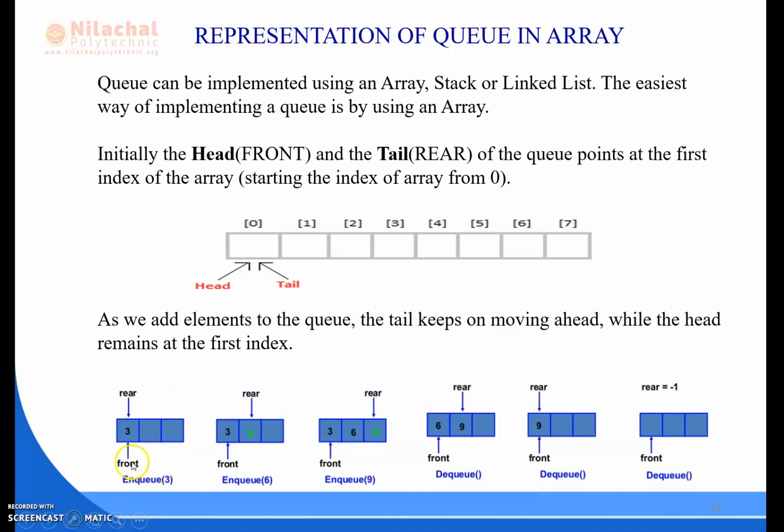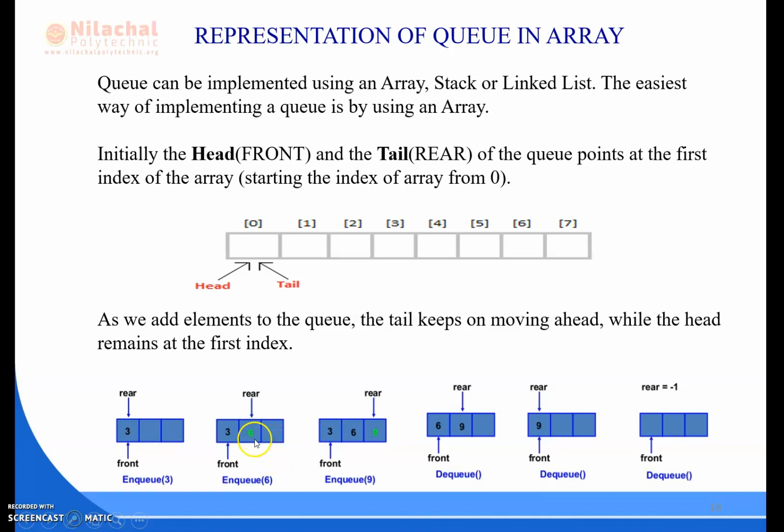For example, we represent an array as a queue. In an empty queue, we enqueue 3. So 3 is the first element. When the first element has been entered, the rear and front are the same, and the front remains at the first position.